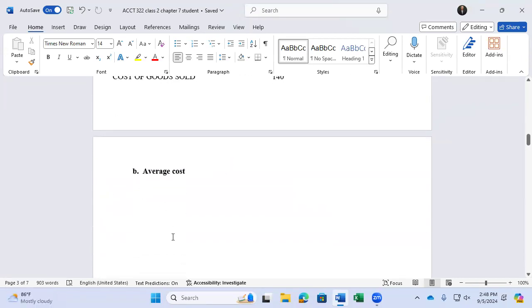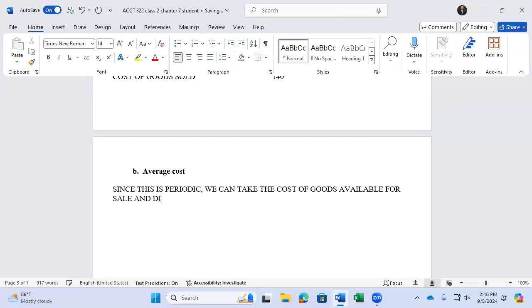Okay, average cost. Since this is periodic, we can take the cost of goods available for sale and divide by the number of units to get a weighted average.